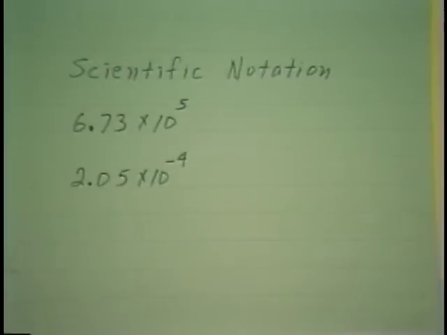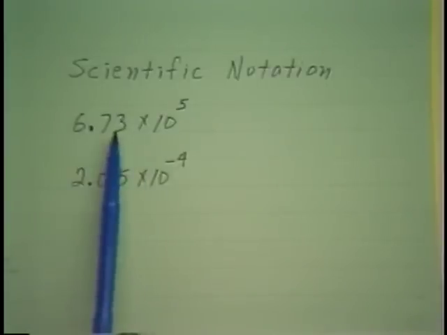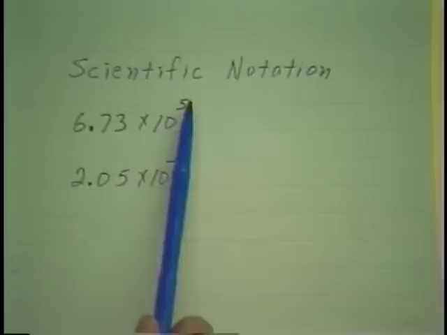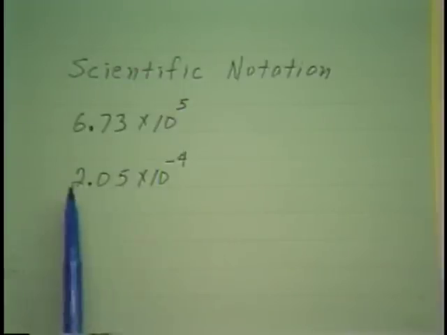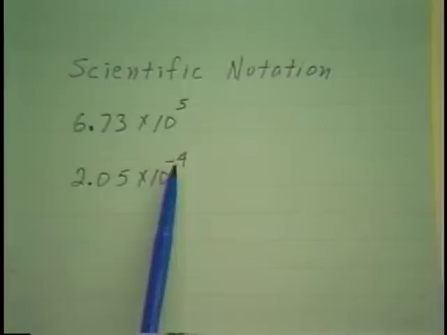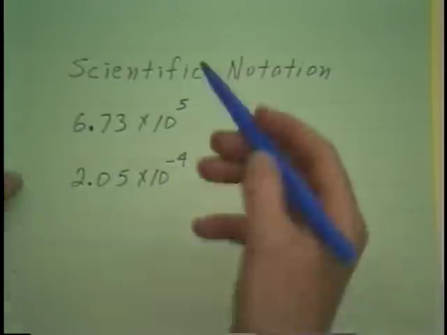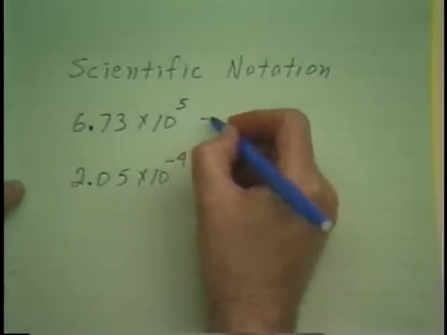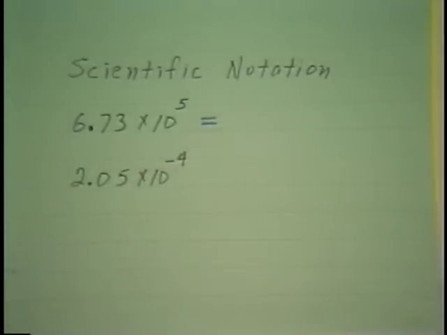Here are 2 numbers written in scientific notation. A decimal number between 1 and 10, followed by a product of a power of 10. Again, a decimal number between 1 and 10, followed by a product of a power of 10, in this case negative.